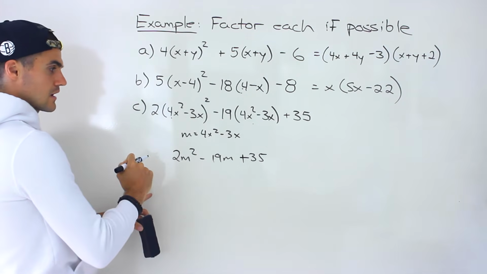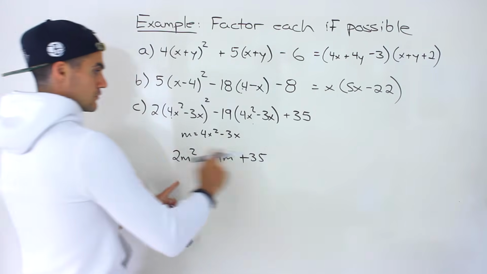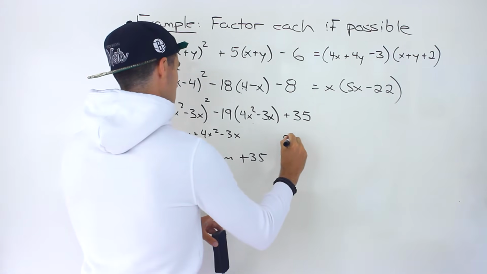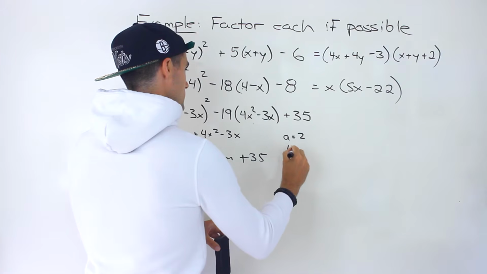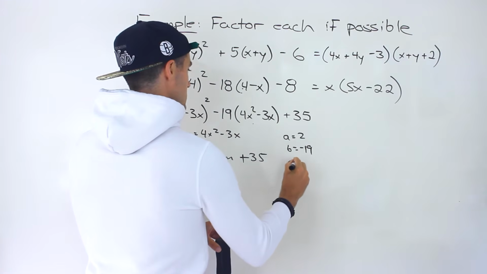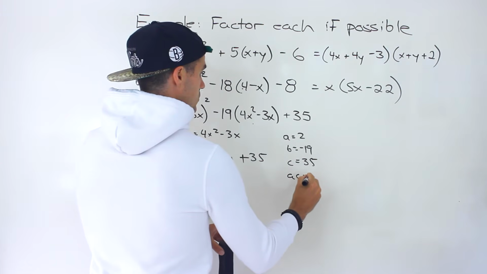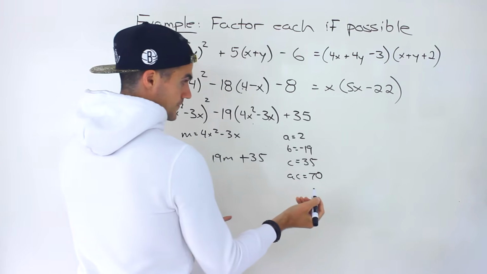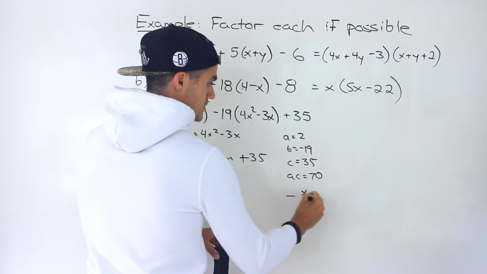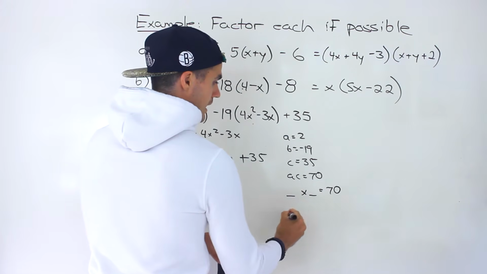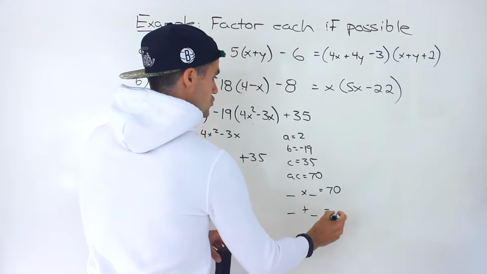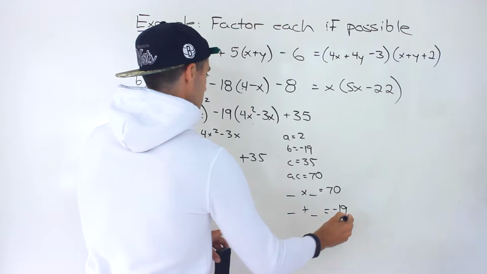Can't take anything out initially. If we do decomposition, the a value is 2, the b value is negative 19, the c value is 35. ac would be 70. So what two numbers multiply to 70 and add up to negative 19?